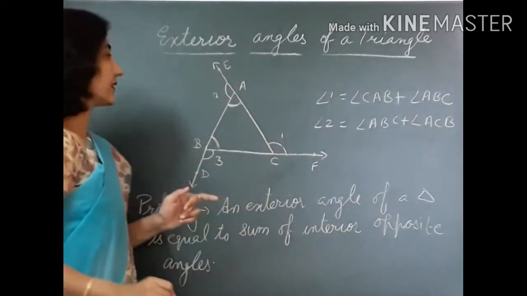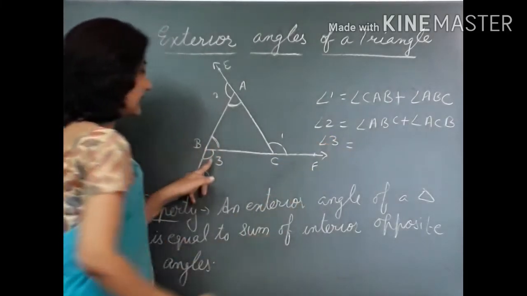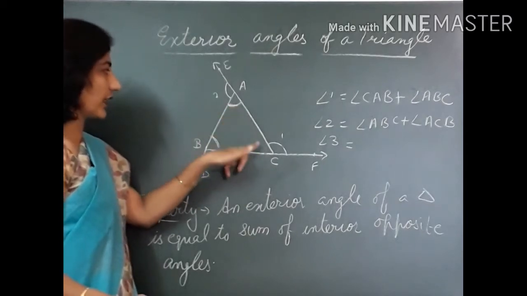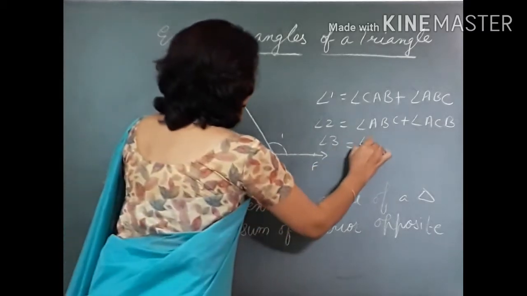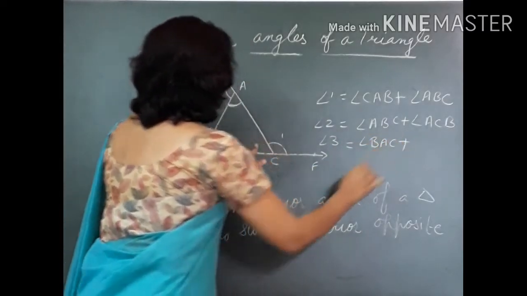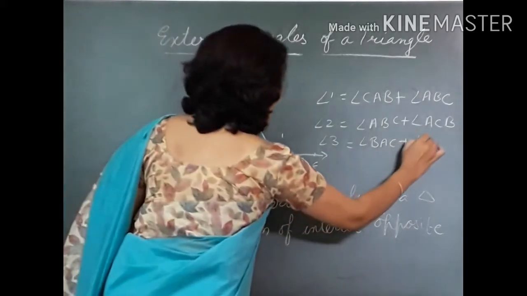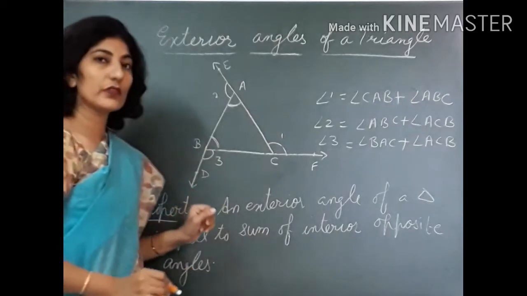Or if I take the third exterior angle, that is angle 3, angle 3 is equal to the sum of interior opposite angles, these two angles. So the name of this angle is angle BAC plus the name of this angle is angle ACB. This important property we will use while solving the questions of triangles.